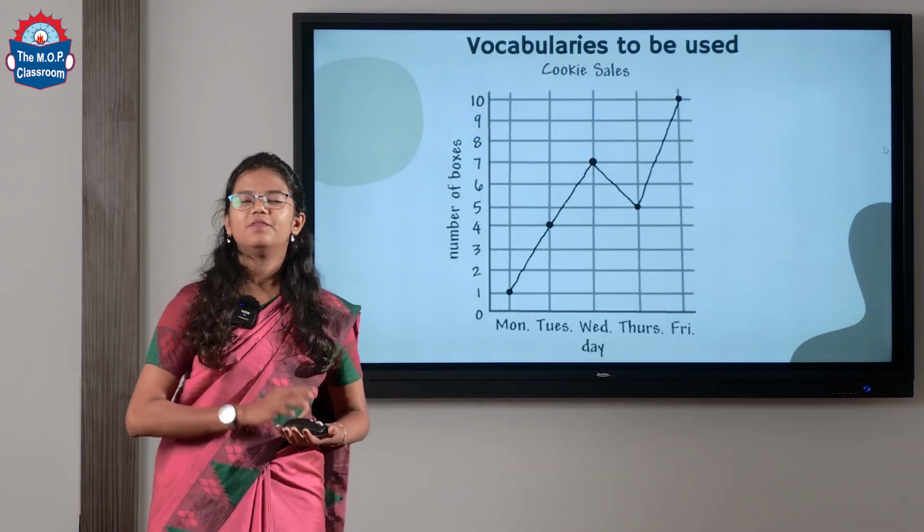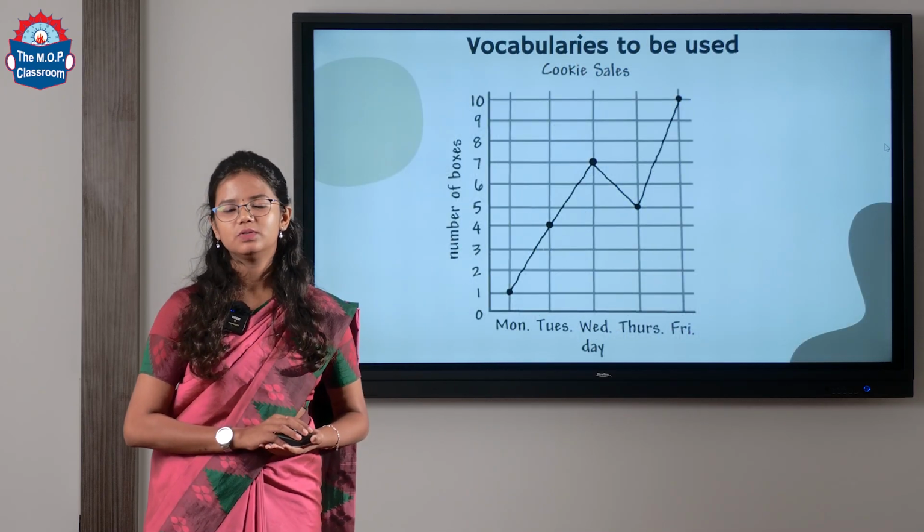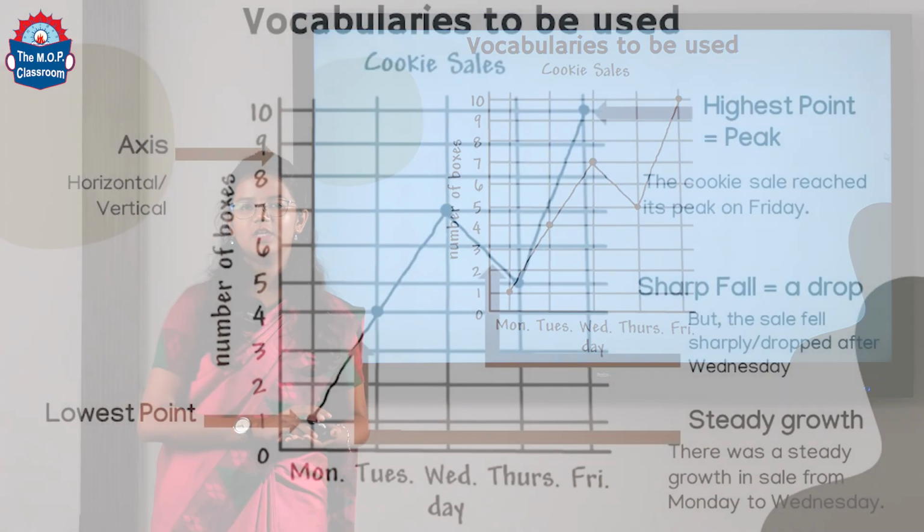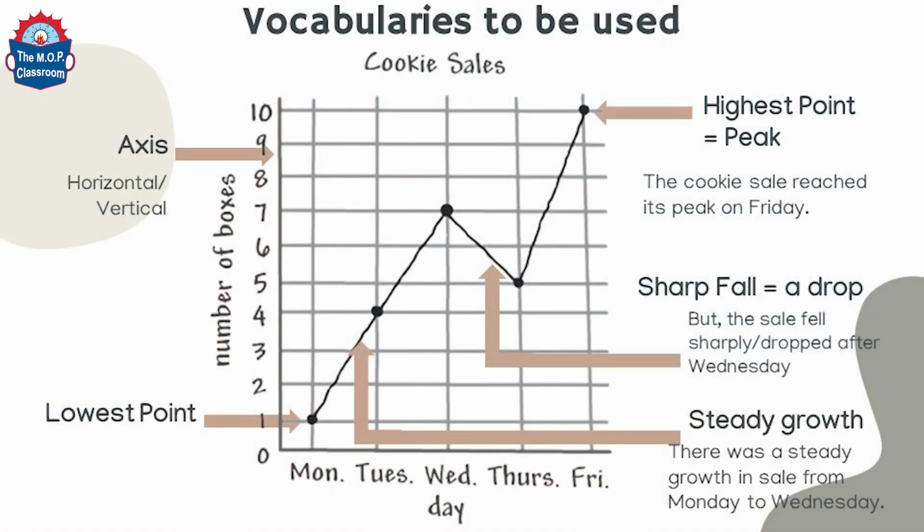Let us look at various vocabulary that you can use in order to make your answer much more impactful. So, in order to explain any visual media, you need to use the components that it has. First of all, let us look at the line graph here. You can clearly see that this line graph represents the cookie sales that happened over a period of a week.